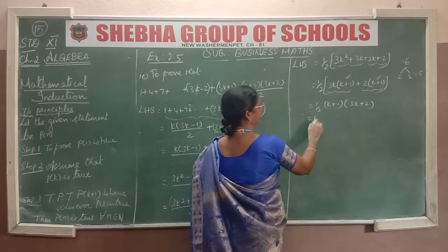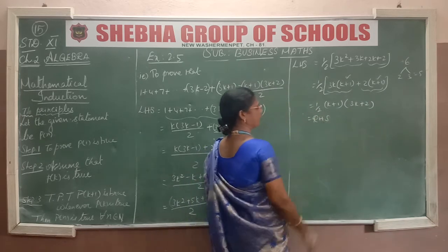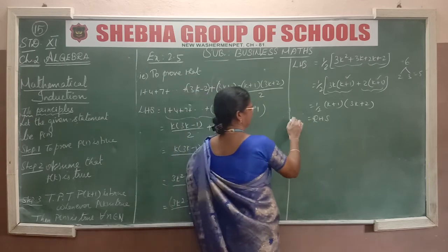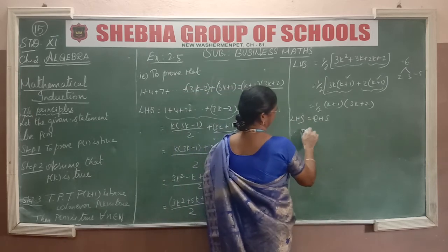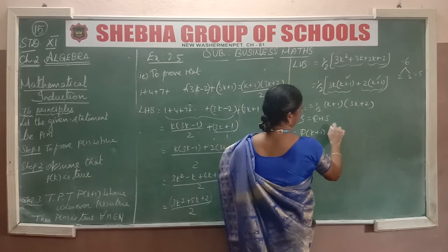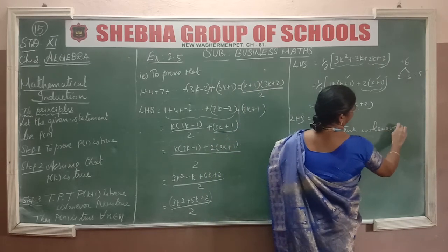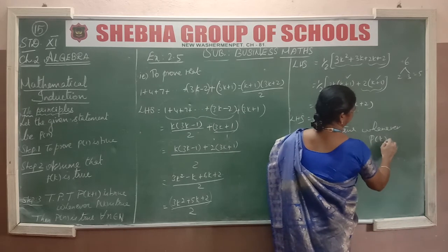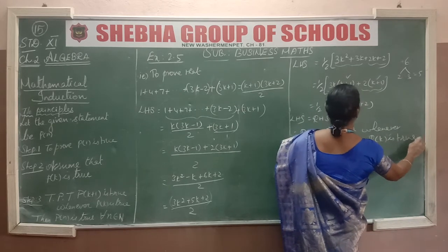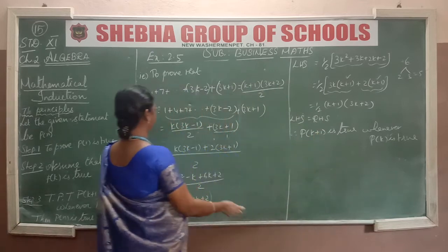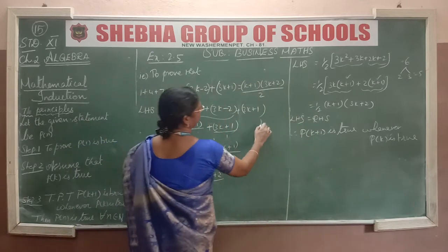So this is our RHS of P of k plus 1. Therefore P of k plus 1 is true whenever P of k is true, because we are using P of k here, isn't it, by equation 1.